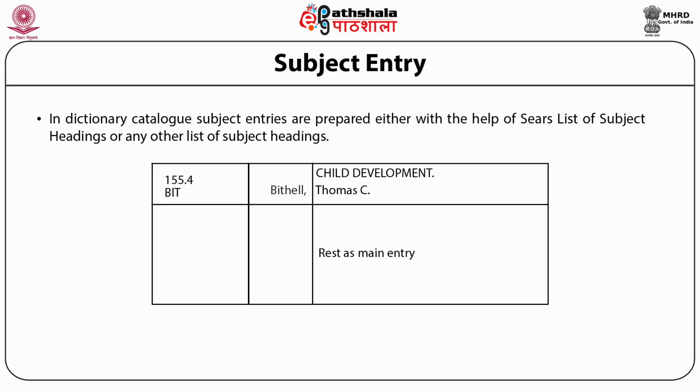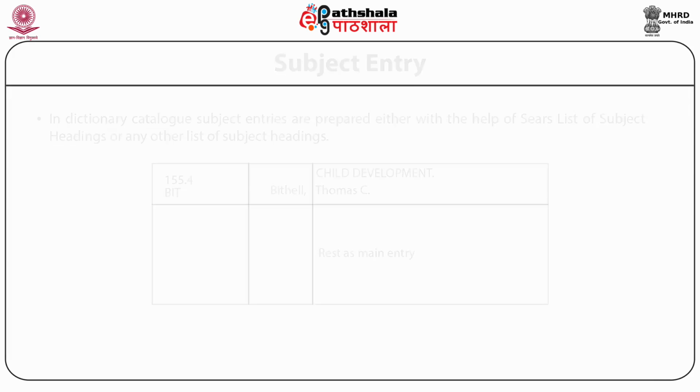Then heading section is given as Bethel Thomas C. Rest as main entry, and the subject heading derived from the Sears list of subject heading has been recorded above the heading section starting from second vertical, and this subject heading is to be given in capital letters. Child development, full stop, it is given in capital letters.